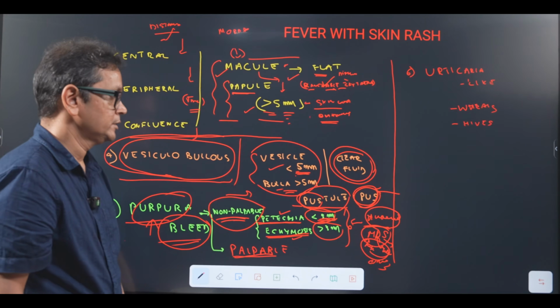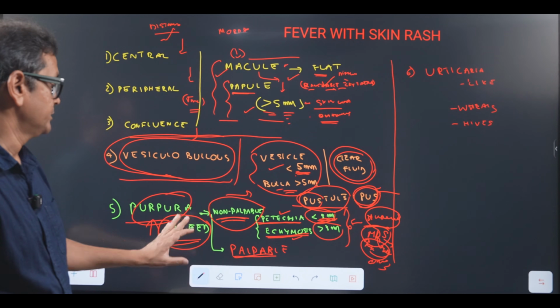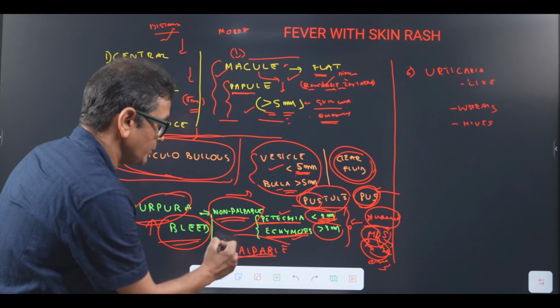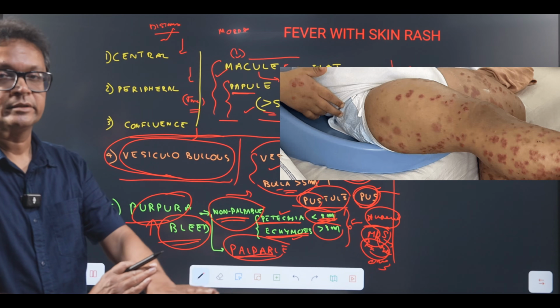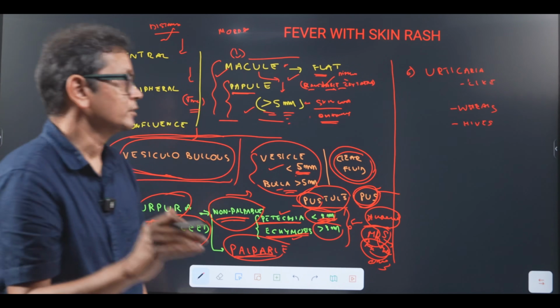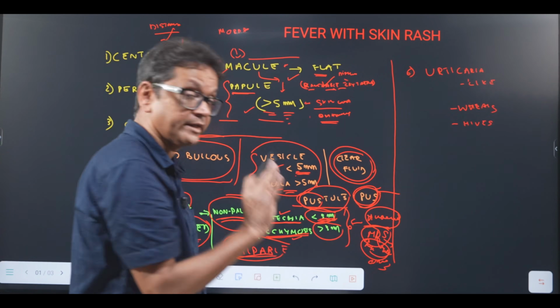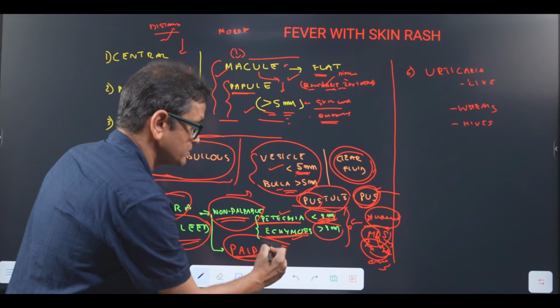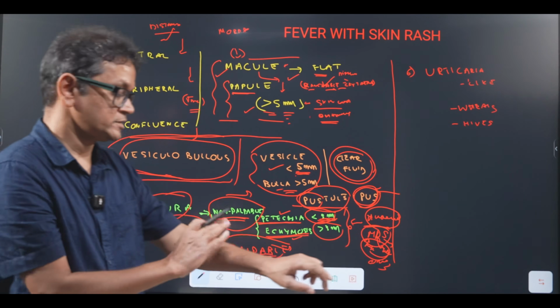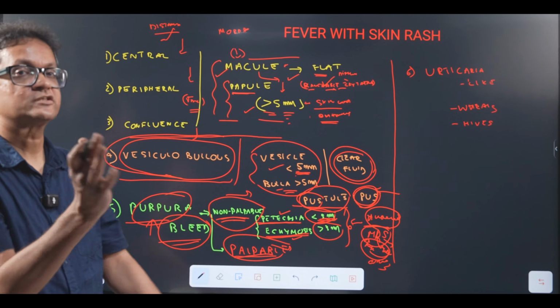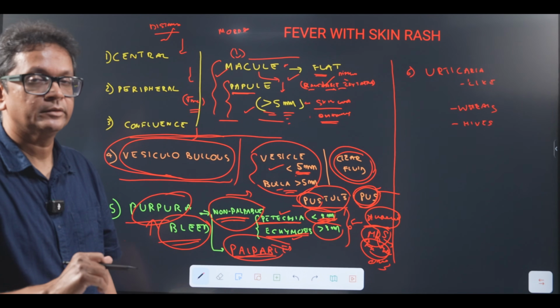Okay. On the other hand, if you see palpable purpura, meaning you are able to palpate it, and if they are really painful, tender, then you have to suspect what that is. Here the problem is not in the cells, because they are palpable, the problem is elsewhere. Where that might be?